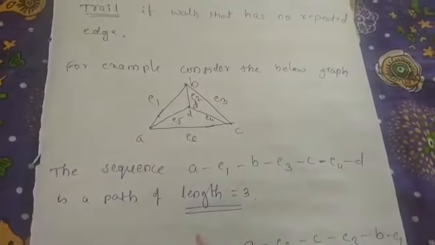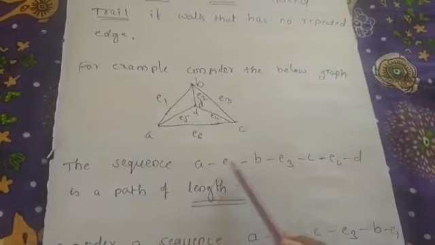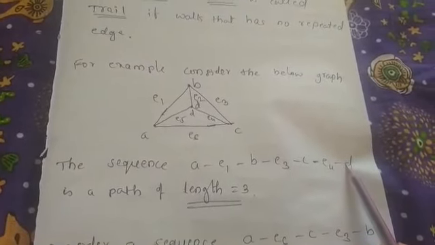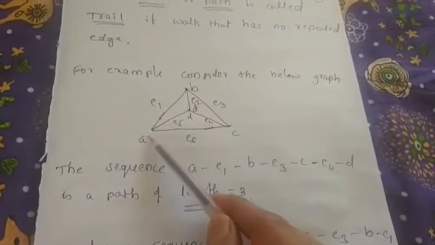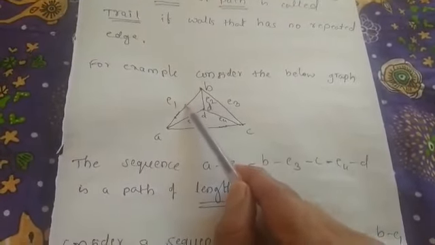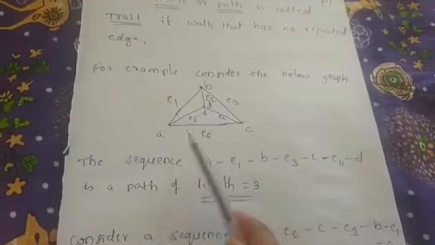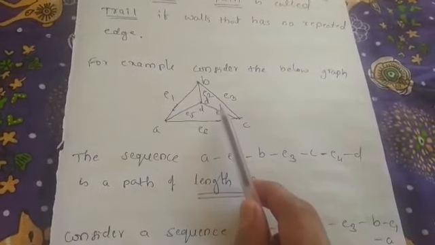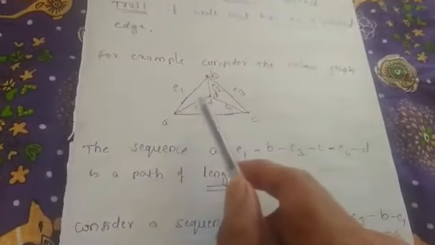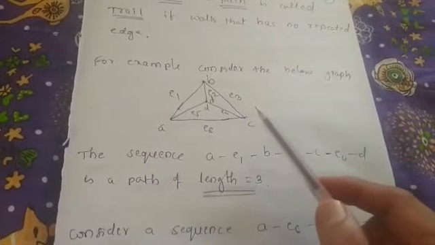We construct a walk: A, E1, B, E3, C, E4, D. The movement starts from A to B, where we cross edge E1; B to C, we cross E3; C to D, we cross E4. If you want to construct more walks or paths, we can construct them in this way.